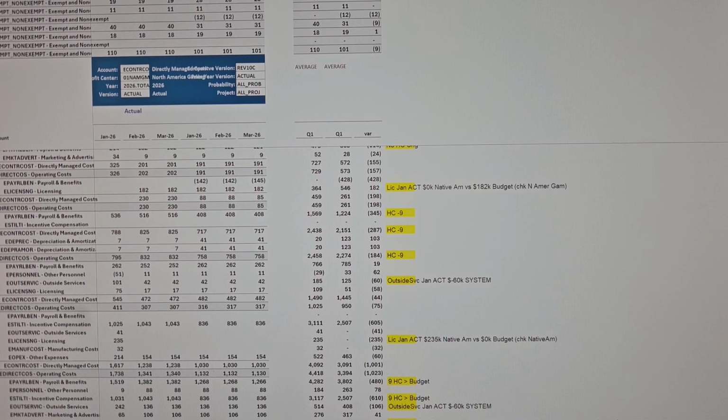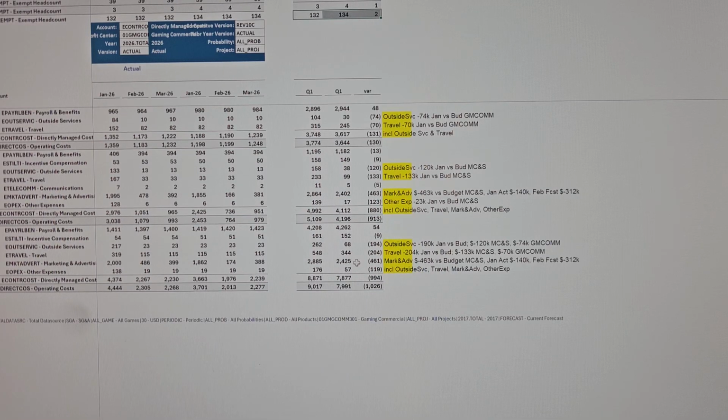So the next one is commercial. And there's a lot of January. So, sorry. On this tab, each one of these tabs, and I've hidden a few, I got to unhide it, but essentially, actual for Q1, and then Q1 budget.